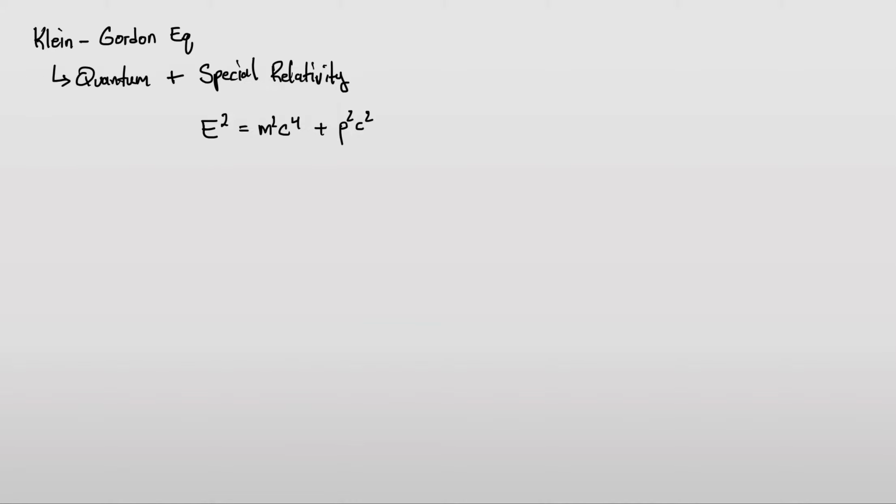And then we have our quantum, right? Our quantum is our energy operator, our energy squared equals i h bar d by dt. This is our operator. This is quantum mechanics, and we square that because we're squaring this.